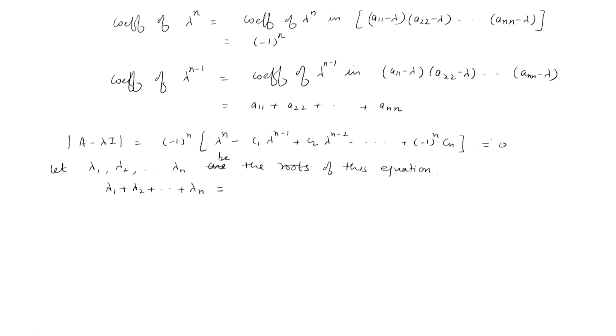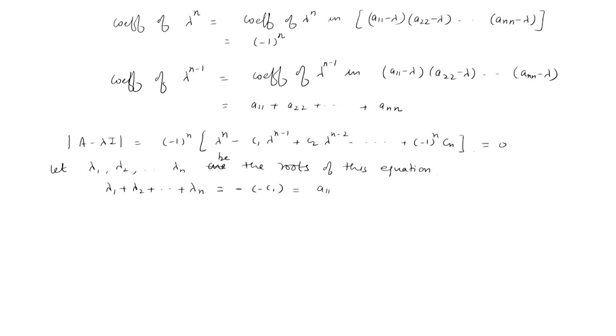So, the sum of the roots of this will be simply negative of minus C1, and this is equal to, you see, the coefficient of lambda raised to power n minus 1, which is simply this.